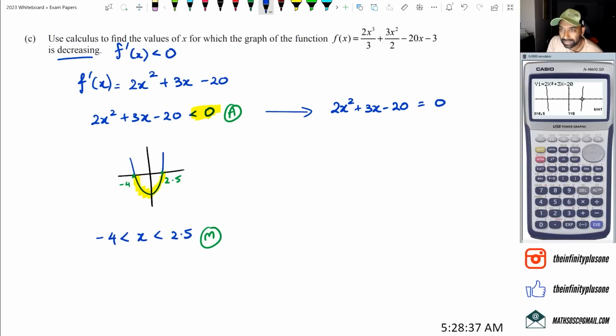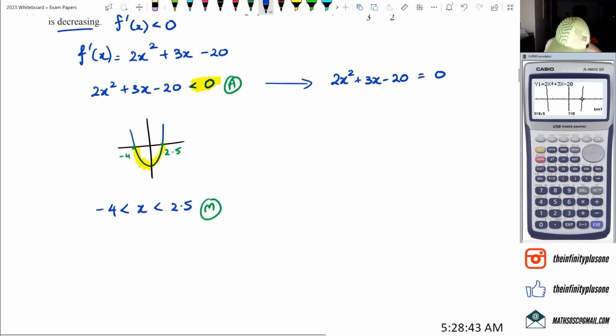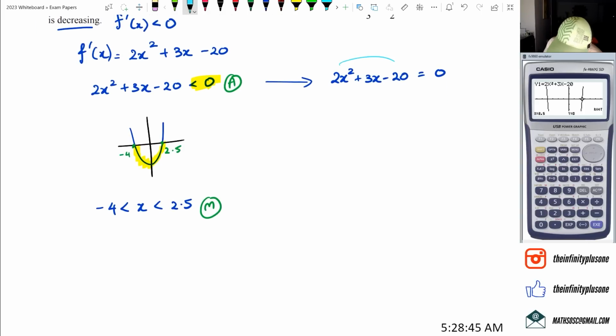So your first option is you could use the quadratic formula to figure out what x is. The alternate method, the kind of weird algorithm method, which I'm going to show right now, is basically going, what do we got? 2 and -20, which makes -40. And I'm looking for something that multiplies to -40 and adds to +3. So that's 8 and -5.